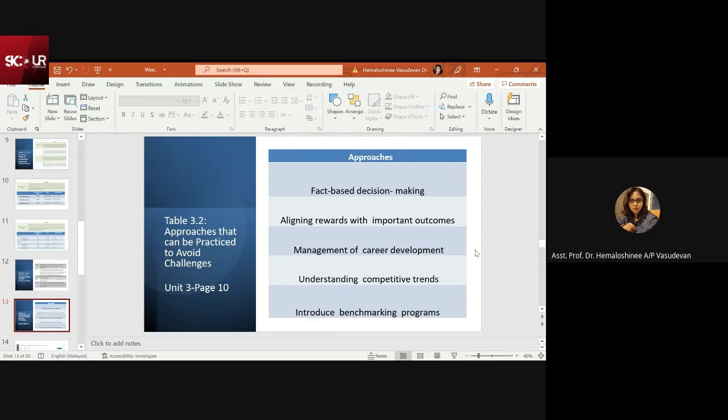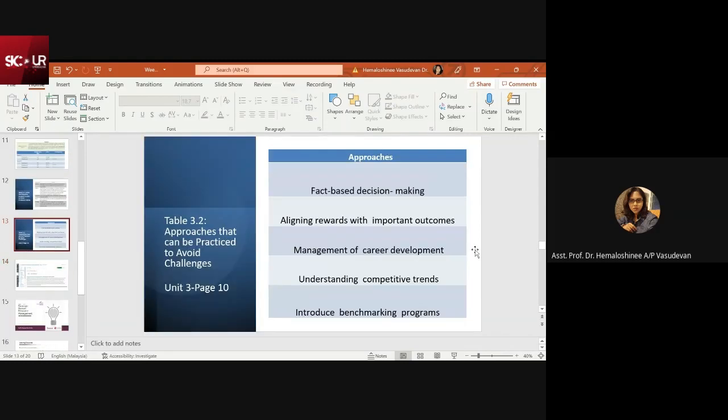So for fact-based decision making, if you look into the appropriate facts and outcome, then you have to collect all the information which shows you how to make a decision. That is the proper way to look into it. So that is fact-based decision making.